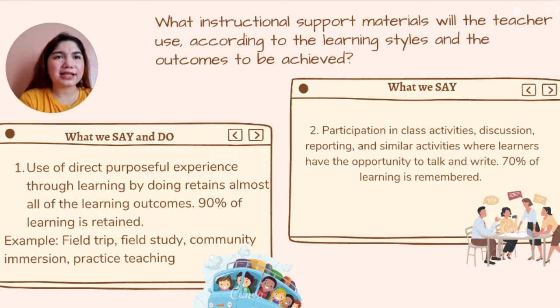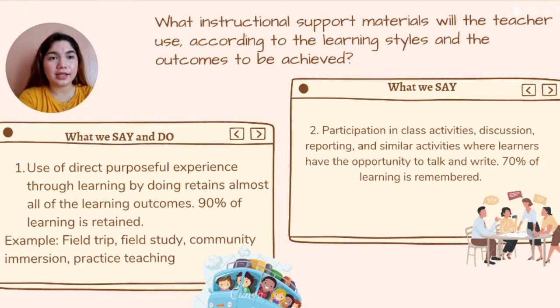If we are asked, we'll say, yes, I remember Miss Shane told me that H2O is water during our discussion. So it gives us 70% of the learning. The learners will remember 70% if they're actively participating in a group discussion.